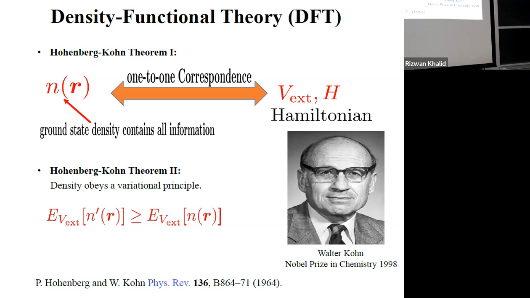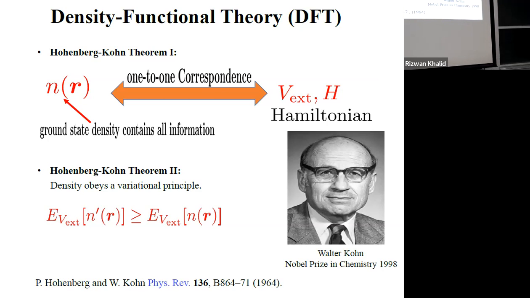So there are 2 theorems which prove this claim. The first one is Hohenberg-Kohn theorem, which says that ground state density uniquely determines the external potential and the Hamiltonian. External potential is interaction of electrons with any external source, could be nuclei or any other potential if you have some other source of field.